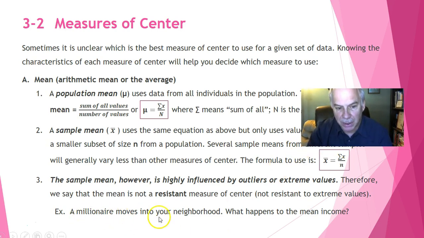And that's the example here. Millionaire moves into your neighborhood. What happens to the mean income? It's going to increase a great deal. So we say that the mean is not resistant to outliers or extreme values. It's not a resistant measure of center.